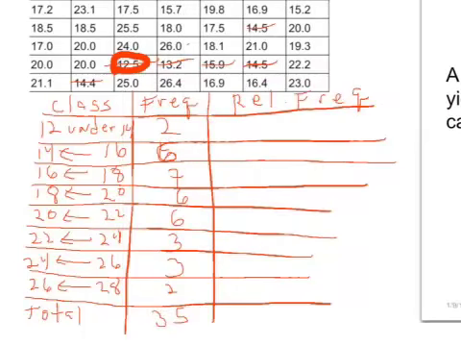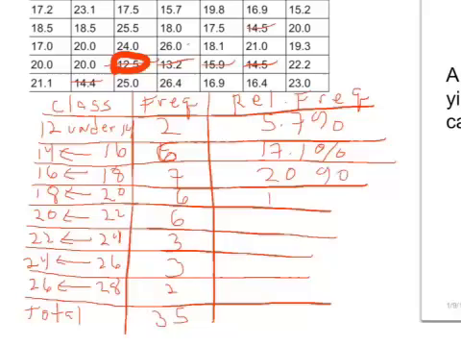Yeah, 35. Okay, and then finally our relative frequencies. 2 divided by 35 gives 5.7%. 6 divided by 35 is 17.1%. 7 divided by 35 is 20%.